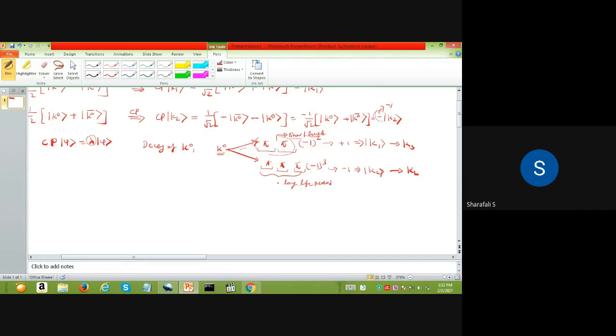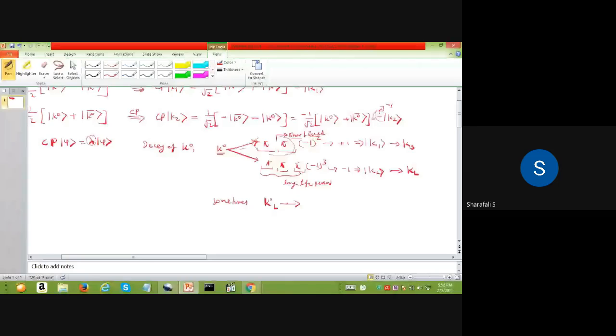When they did this experiment, it was also found that sometimes this K0, I mean the KL, the long-lived case, decays into two pions instead of three pions.